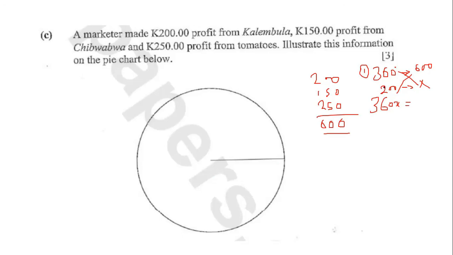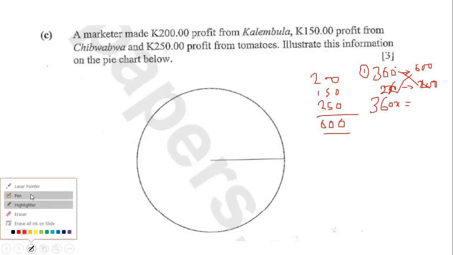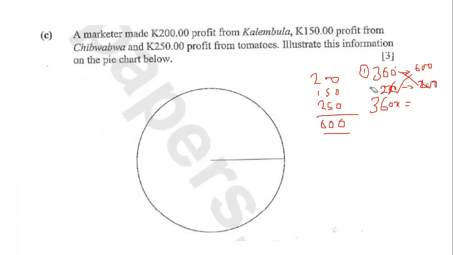Since this is supposed to be x, then here is where it's supposed to be 200, so that we have 600. Let me just rub this out and write it afresh so that people are not confused.